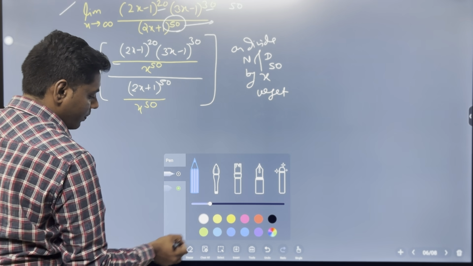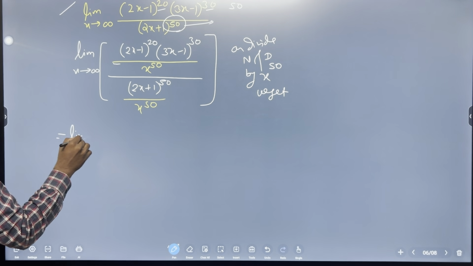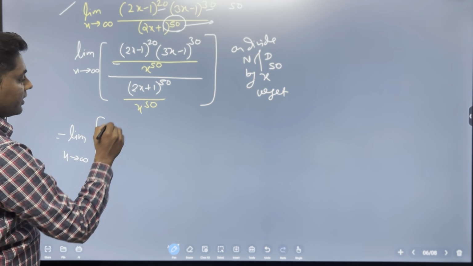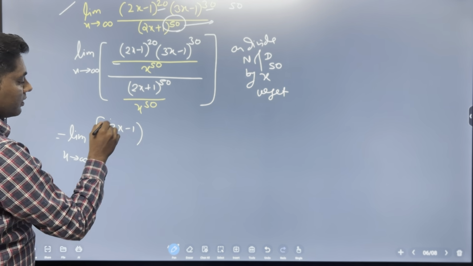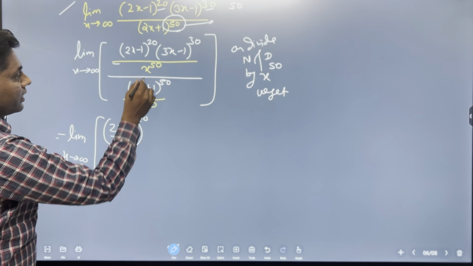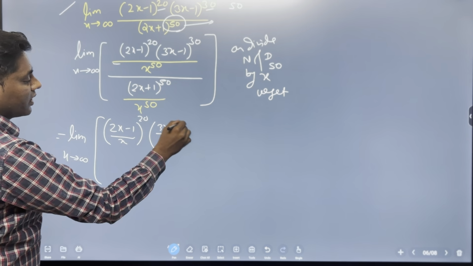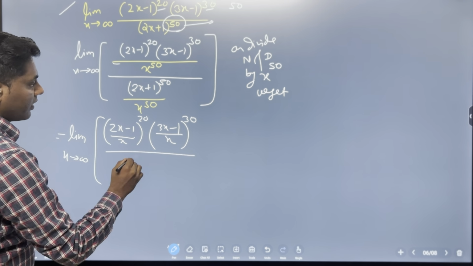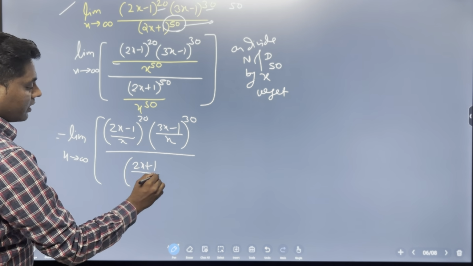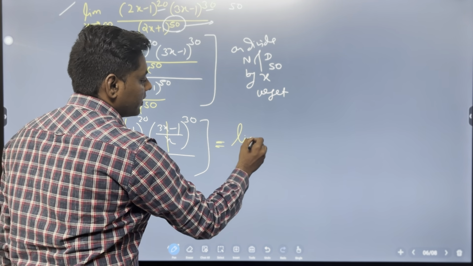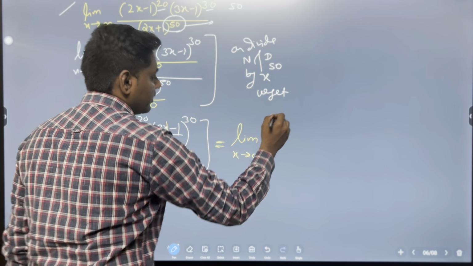So that is limit x tends to infinity. We have to separately divide (2x minus 1) raised to 20 divided by x, and then (3x minus 1) divided by x raised to 30, divided by (2x plus 1) divided by x raised to 50. So separately divide, limit x tends to infinity.